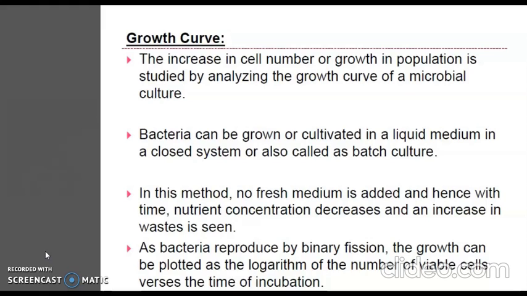As bacteria reproduce by binary fission, the growth can be plotted as the logarithm of the number of viable cells versus the time of incubation. The viable cells measure the number of living cells, that is, the cells that are capable of multiplication.